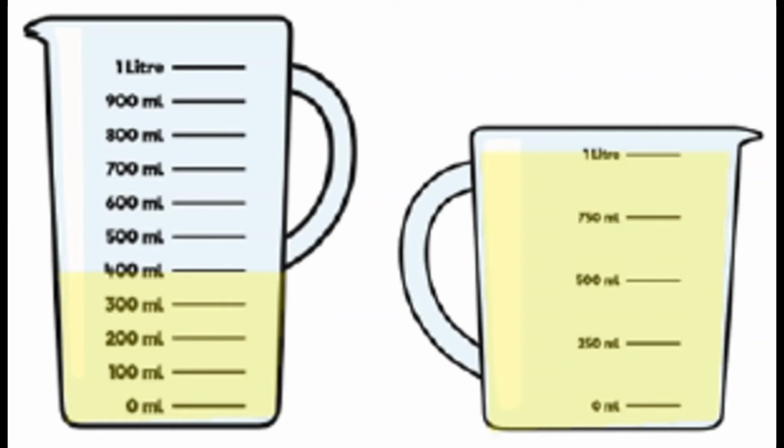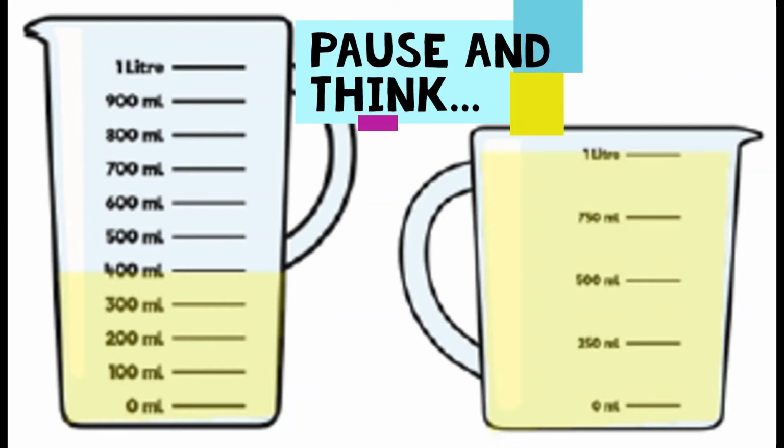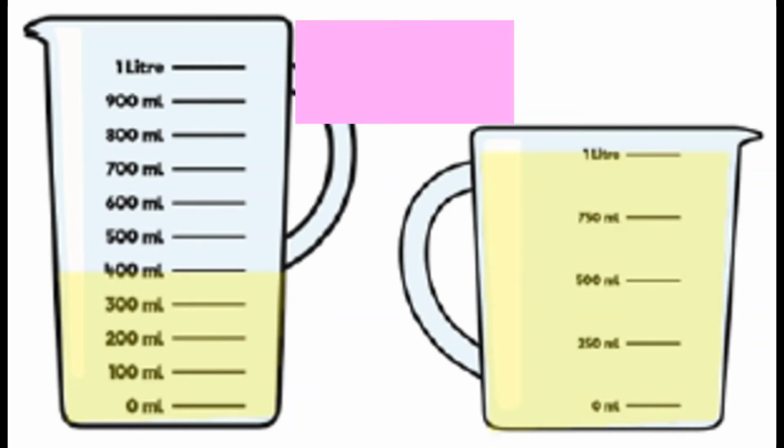So have a look at jug 1, the taller jug, and see what the measurement is there, and also have a look at jug 2. I want you to have a think about what the measurements are. Pause the video if you need longer, because I'm going to switch in a second to a piece of paper and write down the total amount of juice that we've got there, to make sure you've had a think before that happens.